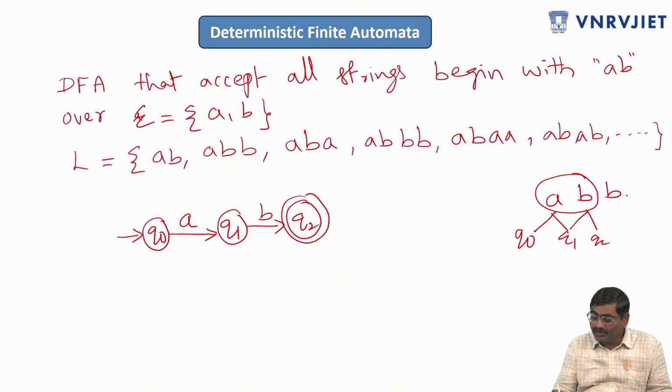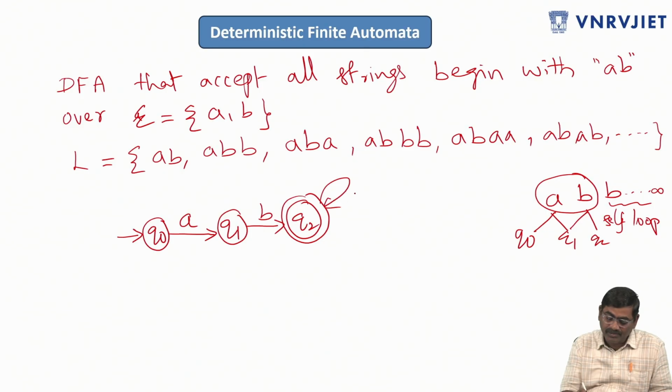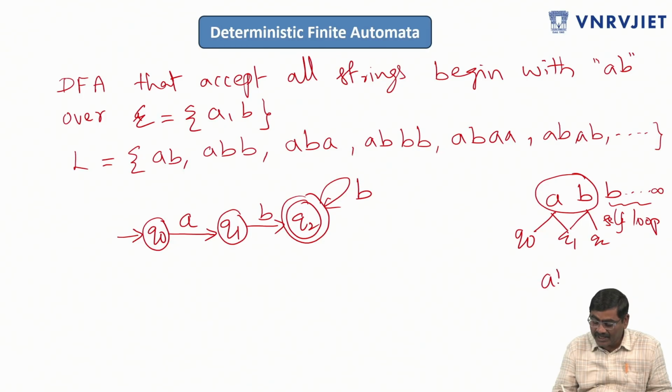After B, we can accept any number of B's as well. Therefore, it is better to use a self loop. So here I am drawing the self loop for B. Similarly, let me take one more string, ABA.